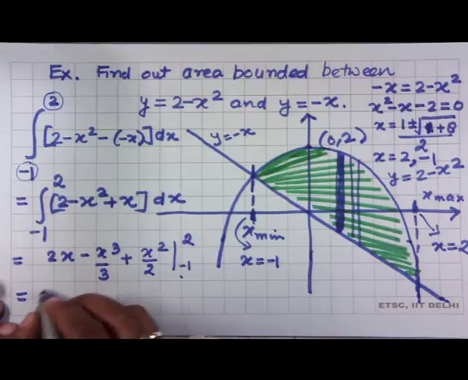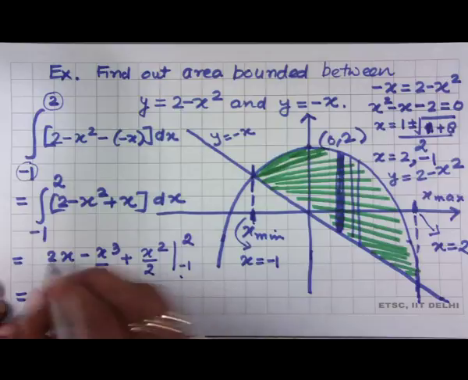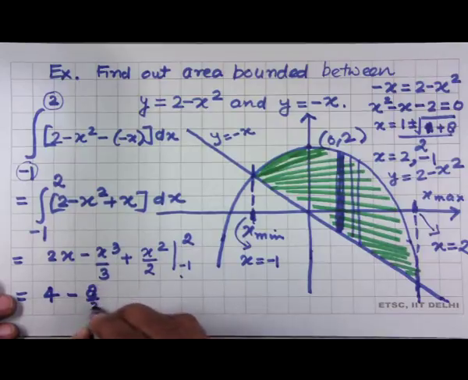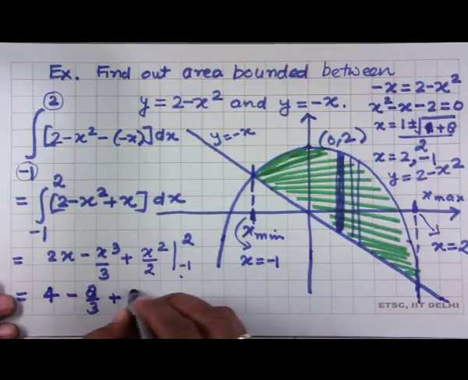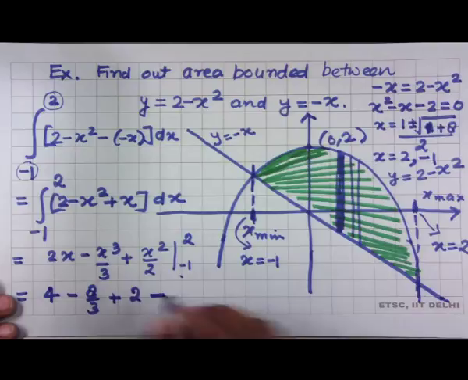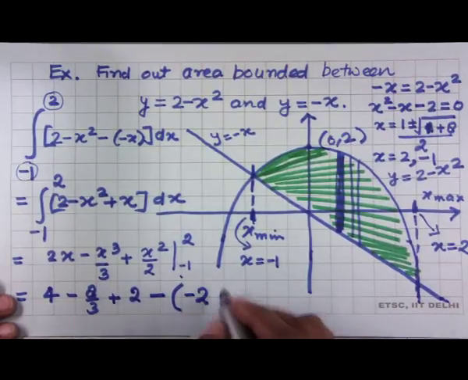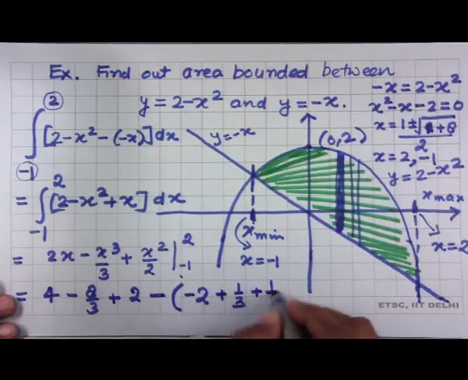So, the value of the antiderivative at the upper limit is 4 plus 2 minus 8 by 3, minus the lower limit value, minus 2 plus 1 by 3 plus 1 by 2.